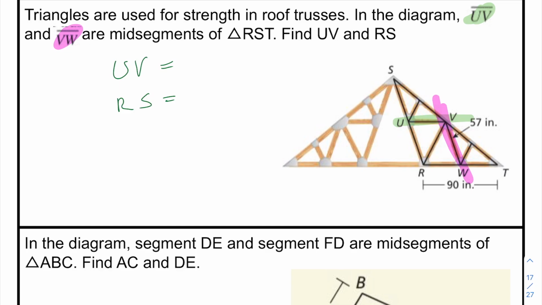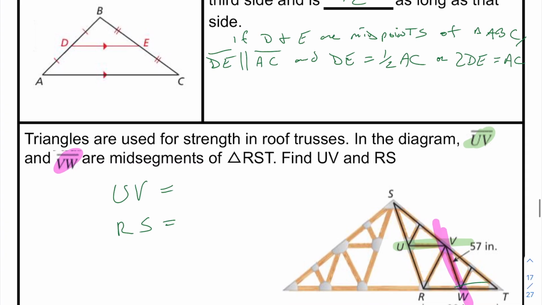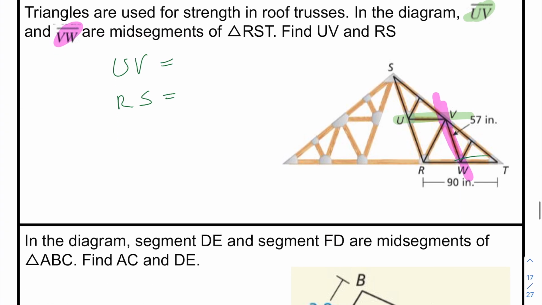So UV is a mid-segment. It doesn't touch RT, but the mid-segment theorem tells us that it's half of the third side. So if RT is 90, UV equals 1/2 of RT, which equals 1/2 of 90, which is going to equal 45.